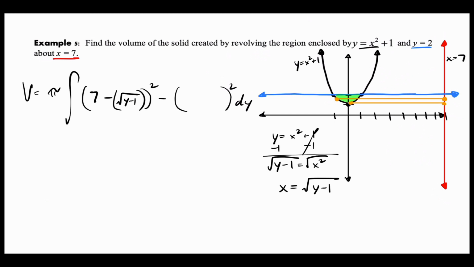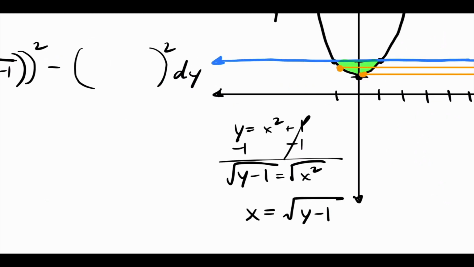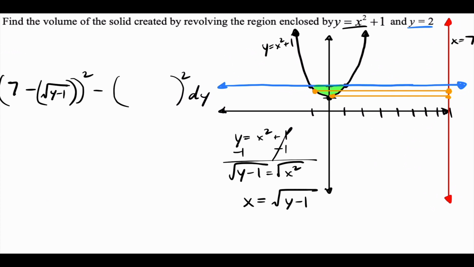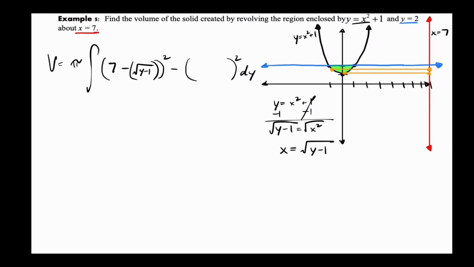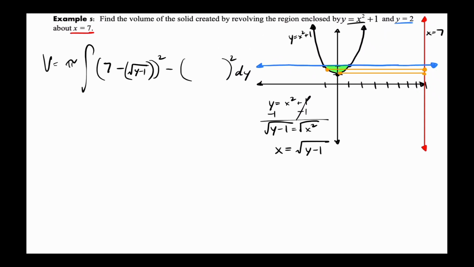And then this guy, the other one, right minus left. Okay. Let's see. I did something wrong. I know what I'm doing wrong, but I'm not going to say what I did wrong yet.